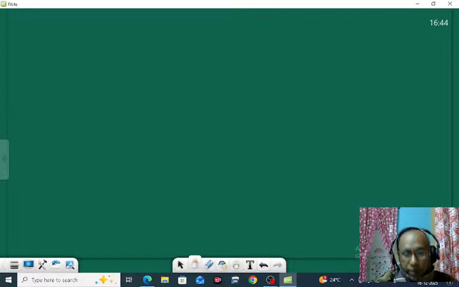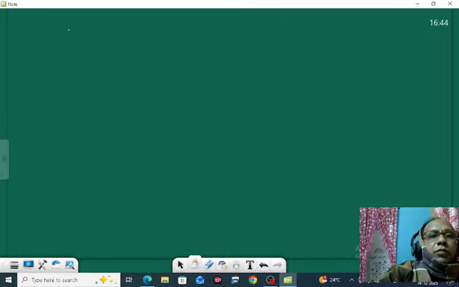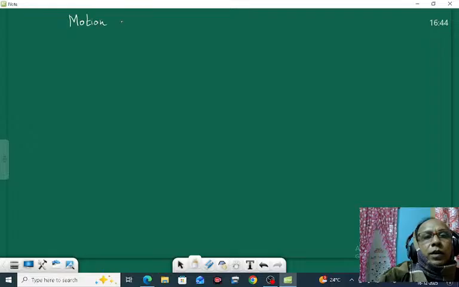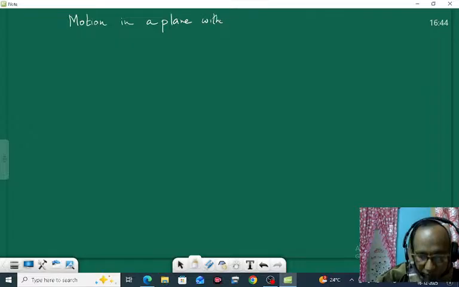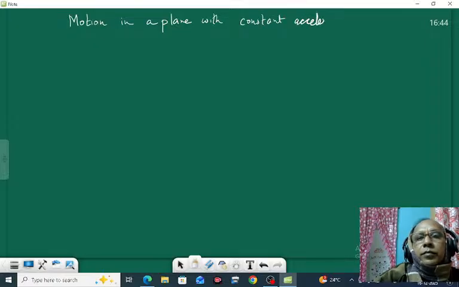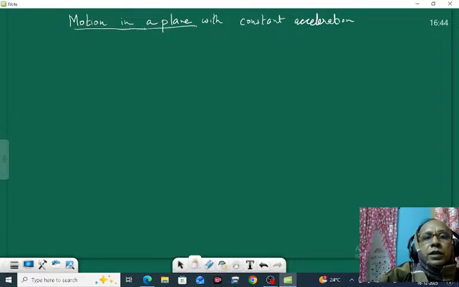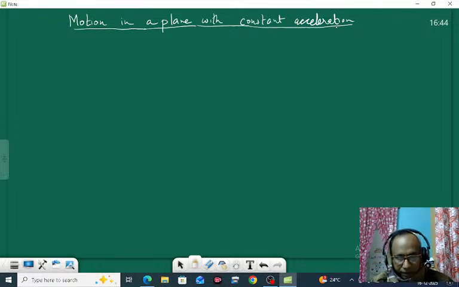We will take up the next topic, motion in a plane with constant acceleration. Suppose an object is moving in the xy plane with constant acceleration a.